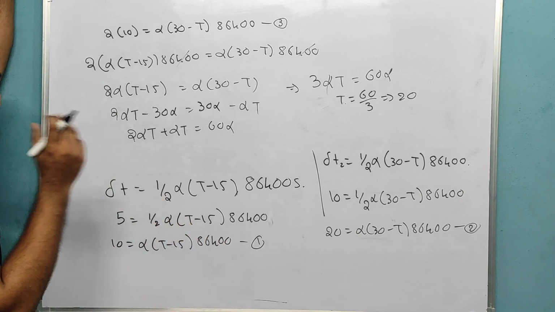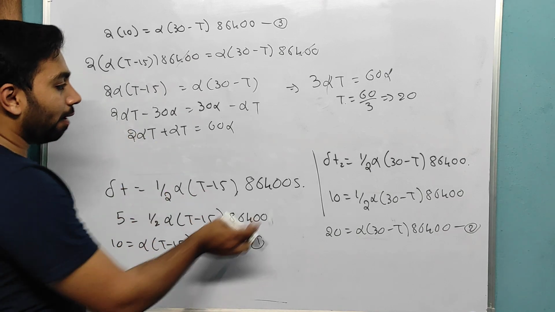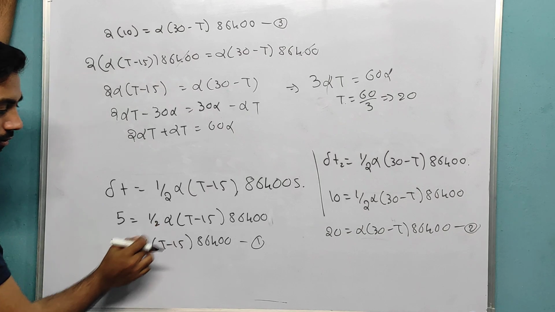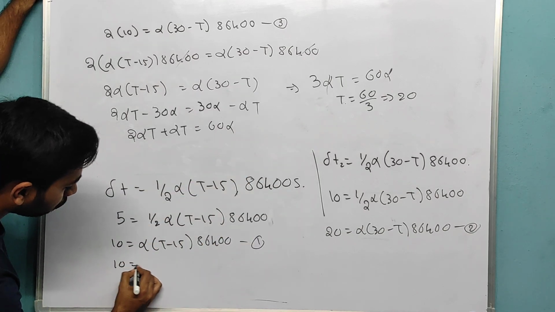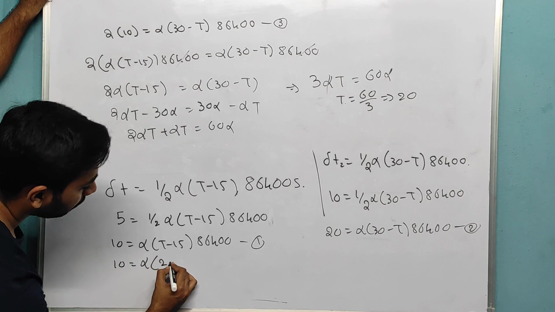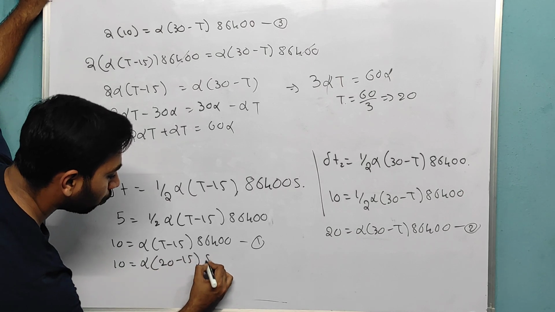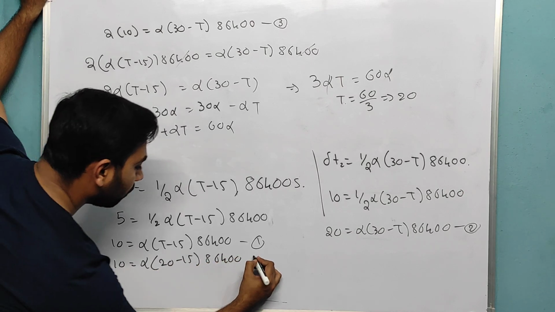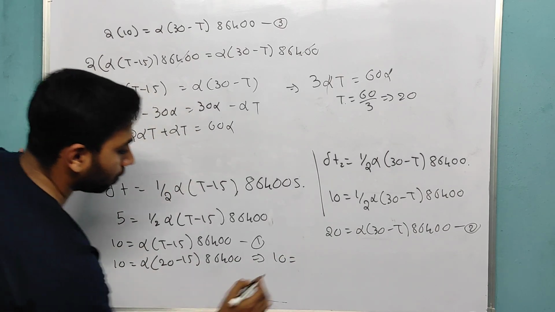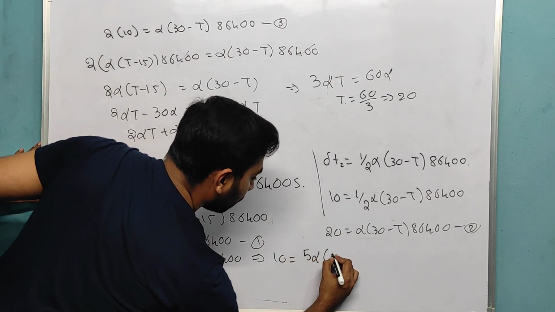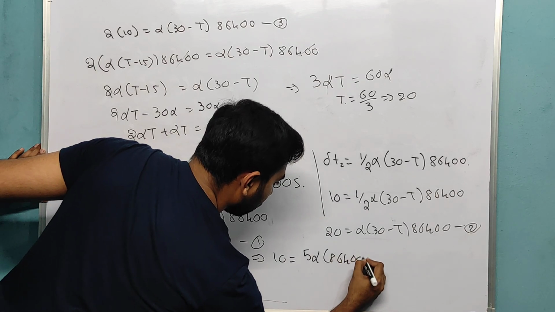At 20 degrees, we find temperature T. Now I'll take this T and substitute it in this. Then 10 is equal to α into (20 minus 15) into 86400. If I solve this, I'll get 10 is equal to 5α into 86400.